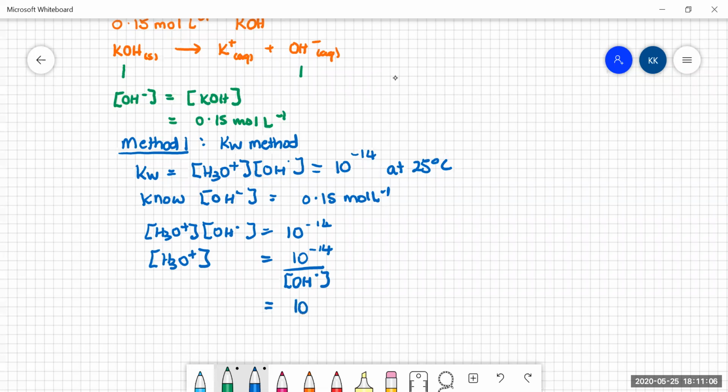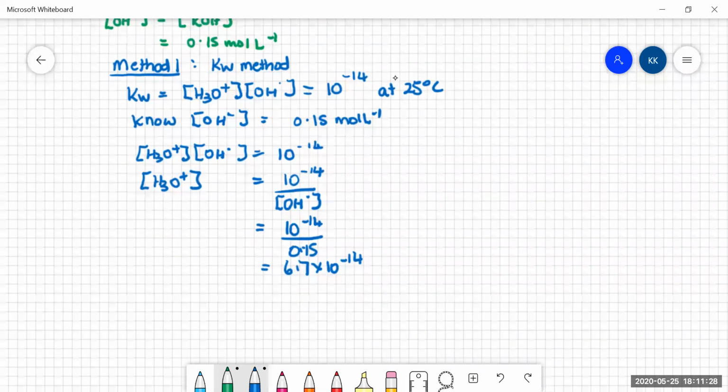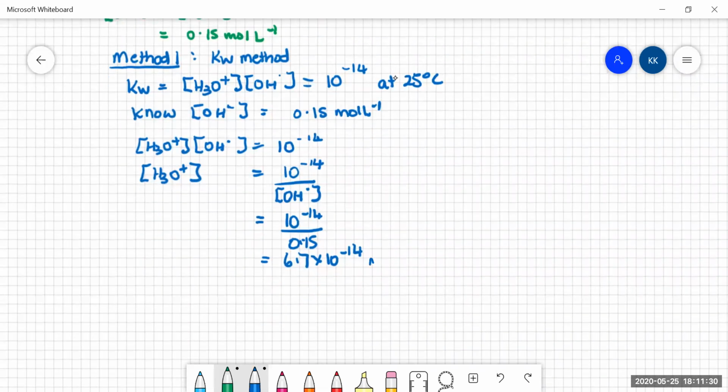And in this case, the concentration of OH minus is 0.15. And that will give us 6.7 times by 10 to the minus 14. That will be in moles per litre, of course.